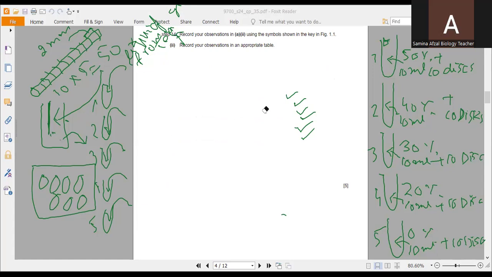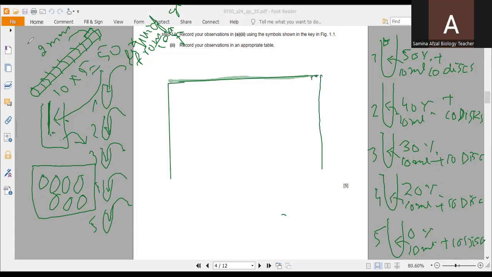And the next question is that you have to draw a table. Record your observations using the symbols. Record your observations in an appropriate table. So you will draw a table over here. So in this way, you will need to draw a table.